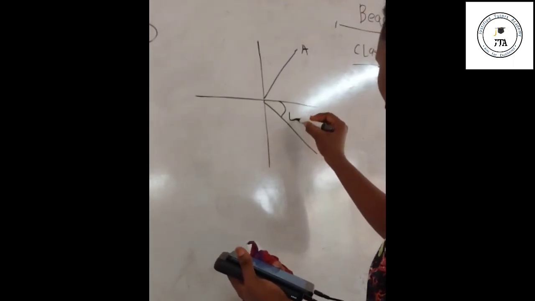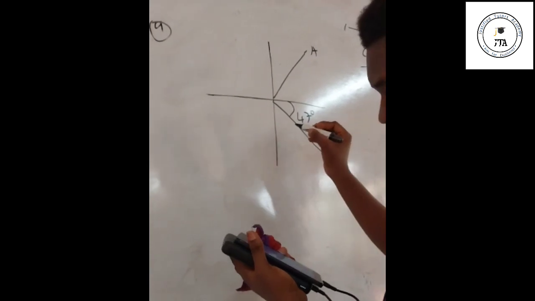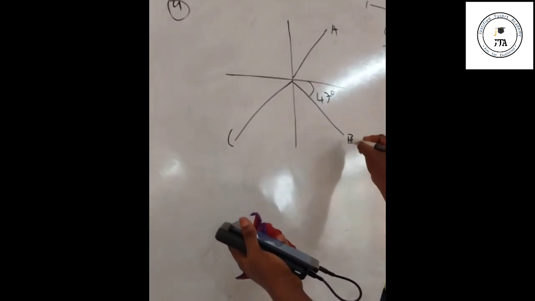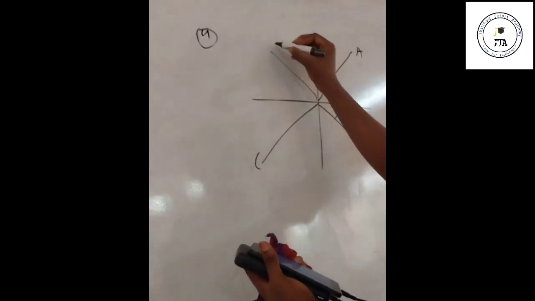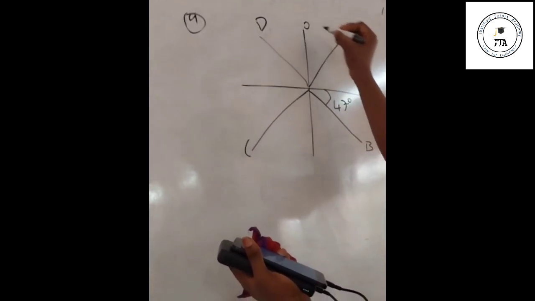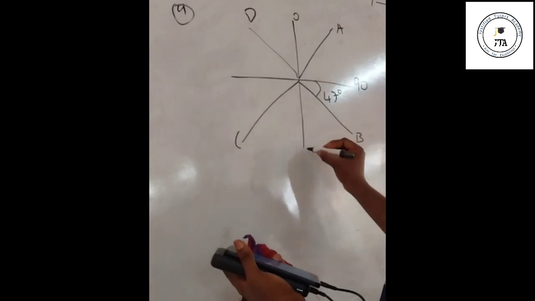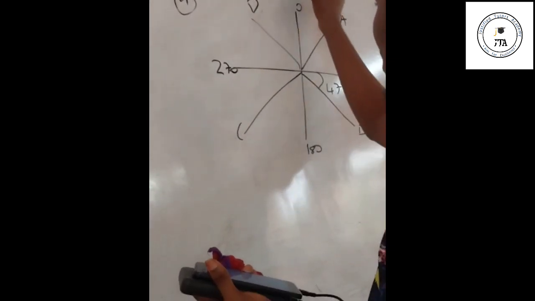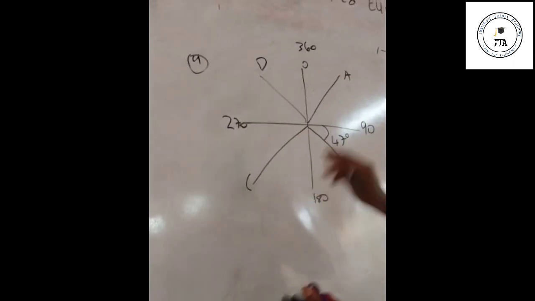We have 47 degrees here. Then we have our C here, we have B here, and then our D here. So let me write it like this: 0, 90, 180, 270, and then 360. So you know what I'm doing.